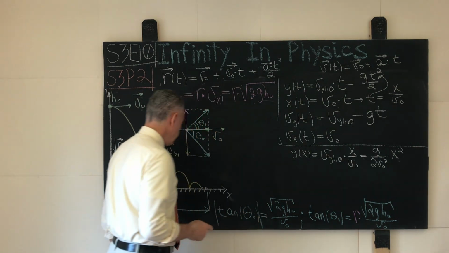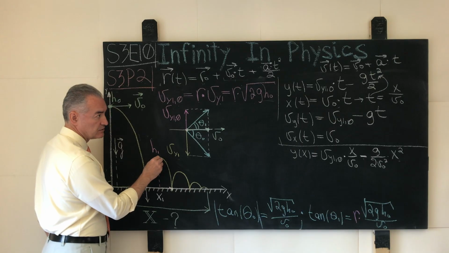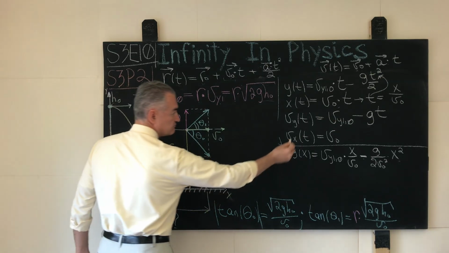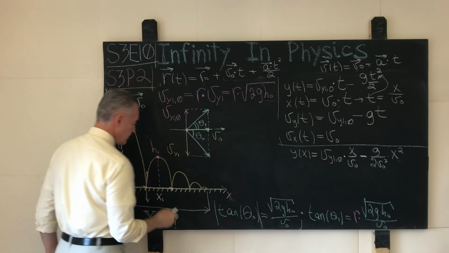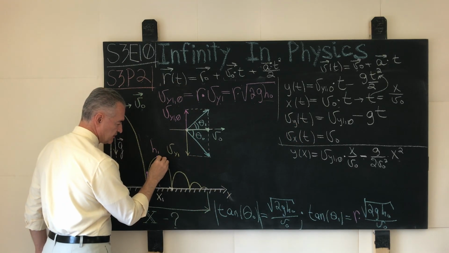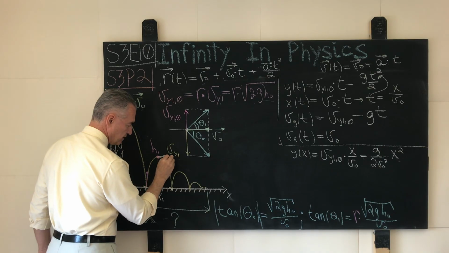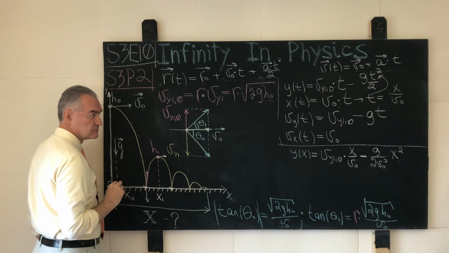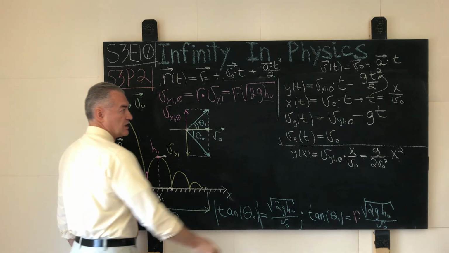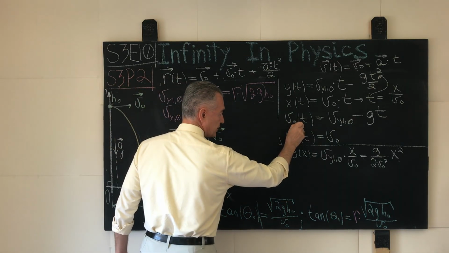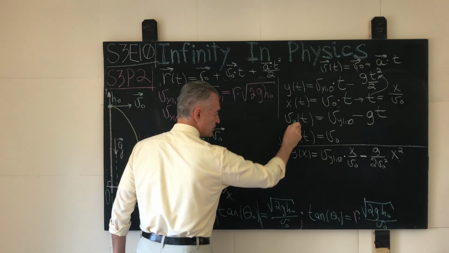Well, at this point right here, look at this, the vertical component of the velocity will vanish, because again at this point the velocity will point precisely this way. Our velocity v0 will point this way, so the vertical component at this time vanishes.